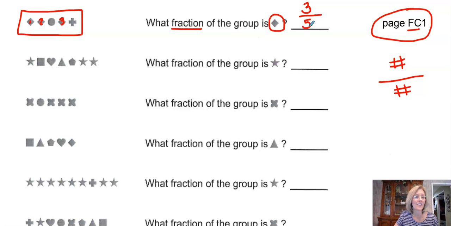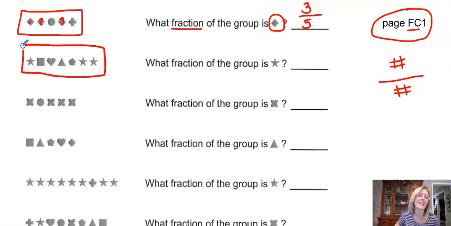All right, so pretty easy to do, but let's do one more, okay? And so if I look at this, here is my entire set. My set has 1, 2, 3, 4, 5, 6, 7 items. The denominator is the whole amount in the set, the whole thing.